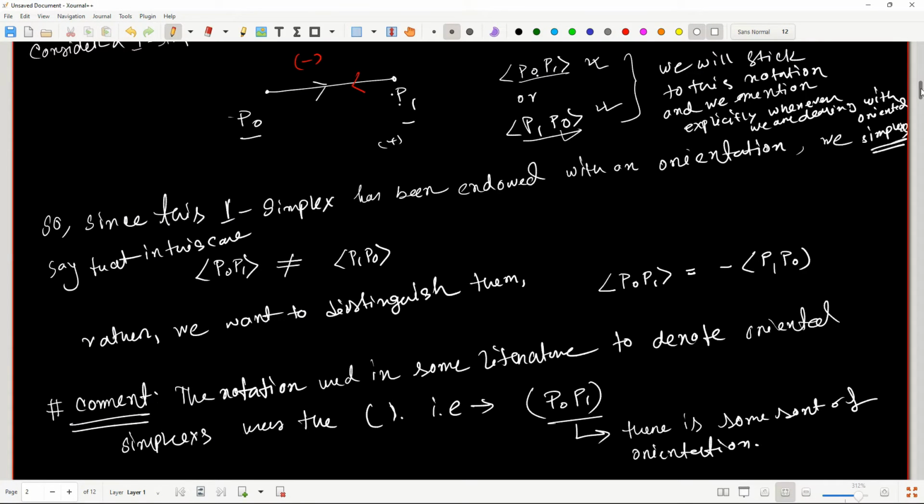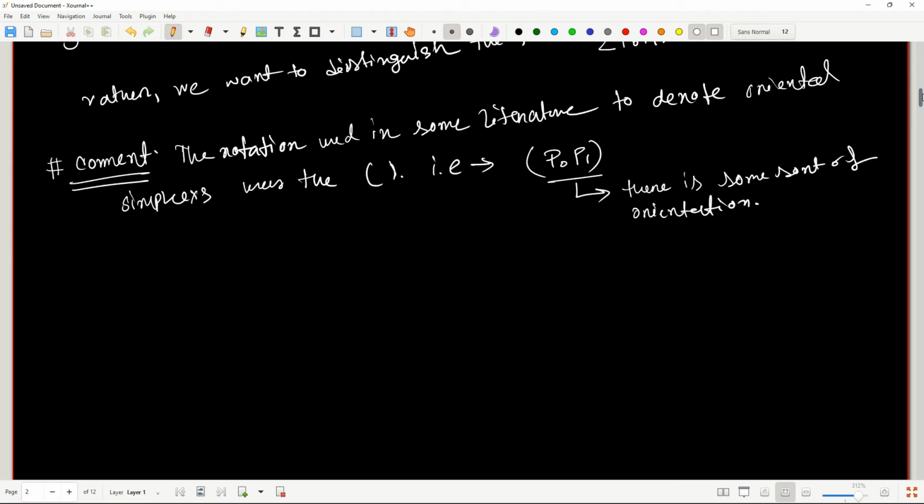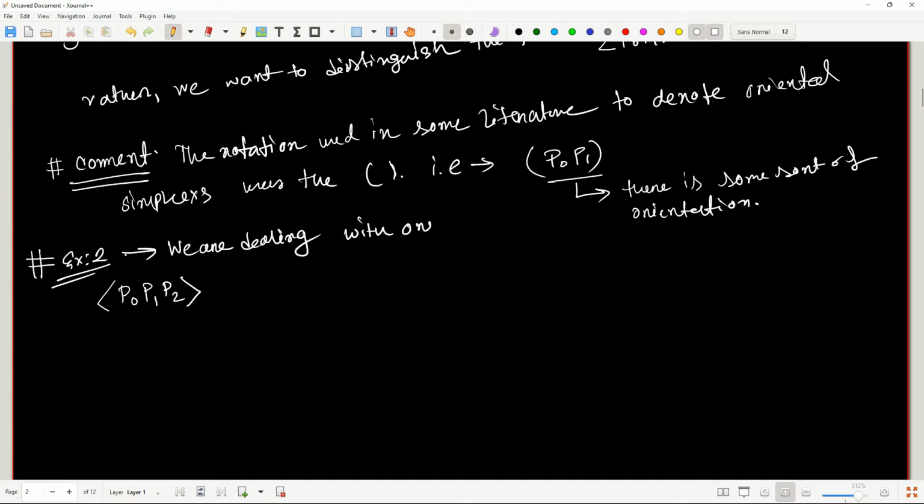Okay. Now, let's say instead of a one simplex, you can have something like this. So this is another example. Let's say P0, P1, P2. Again, we are dealing with an oriented simplex.